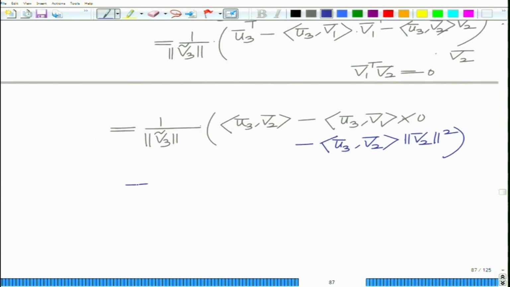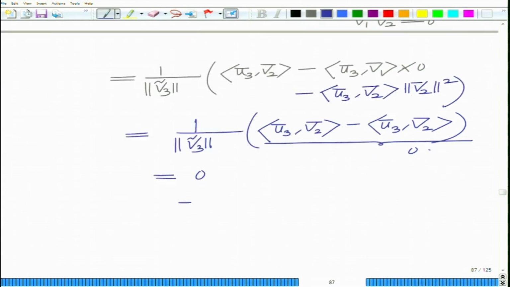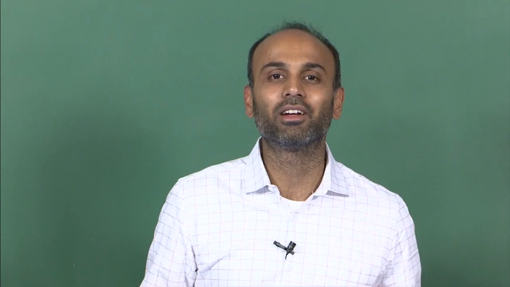So this is again 1 over norm V3 tilde times U3 bar comma V2 bar minus inner product U3 bar V2 bar, which is equal to 0. This quantity is 0. And you can similarly verify orthogonality of V3 bar to V1 bar as well. So this implies V1 bar, V2 bar, V3 bar is an orthonormal set, and this procedure can similarly be continued.